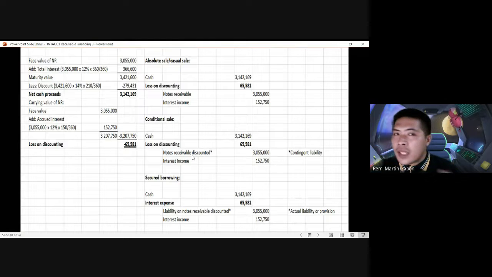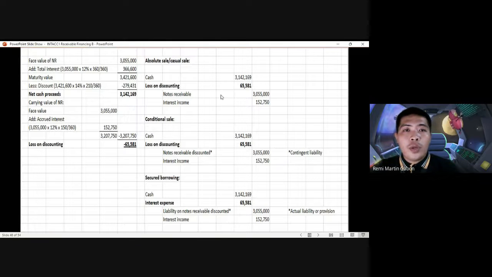It will not be presented in the balance sheet, but it will only be disclosed in the notes to financial statement as contingent liability. Okay? Makikita lang ang notes receivable discounted na yan, okay, sa journal entries, but not on the FS. Kasi nga, we do not present an account for a contingent liability. Okay?